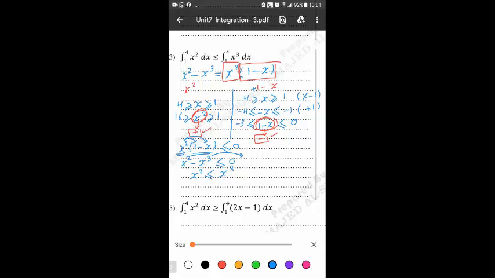So this function is less than this. Therefore, integration from 1 to 4 for x squared dx must be less than or equal integration from 1 to 4 for x cubed dx, as wanted. Proof.